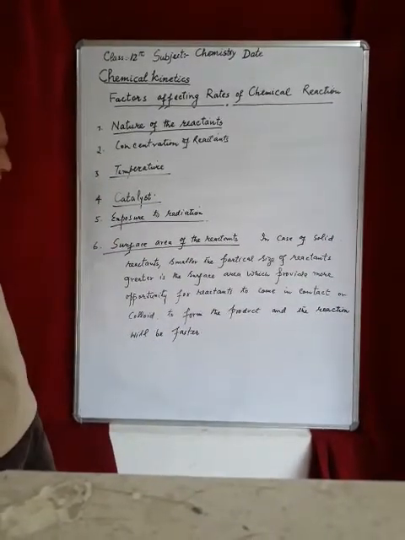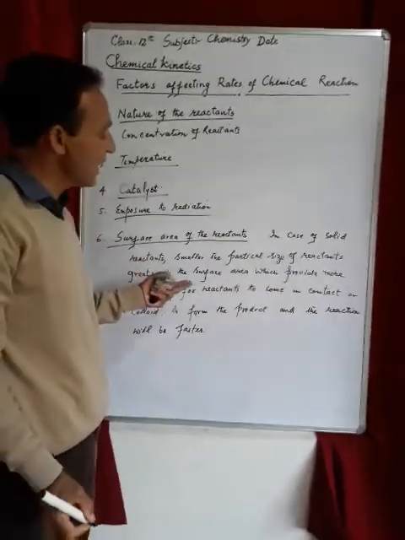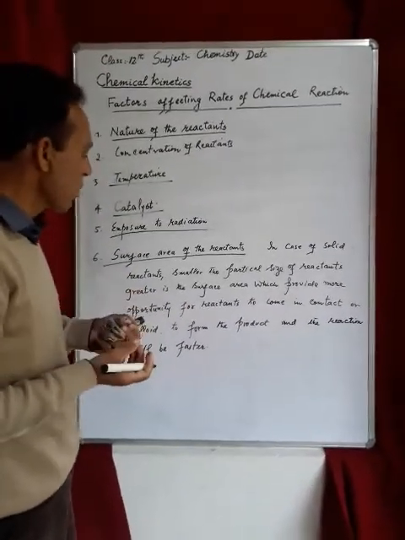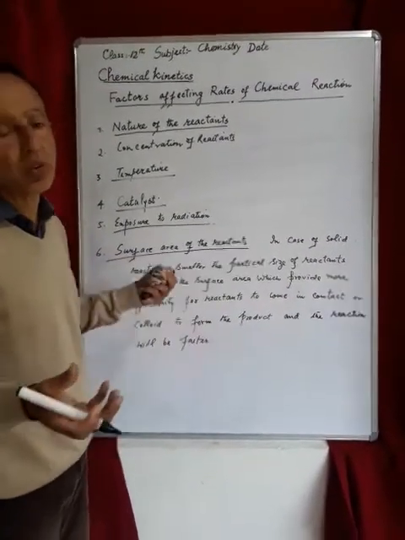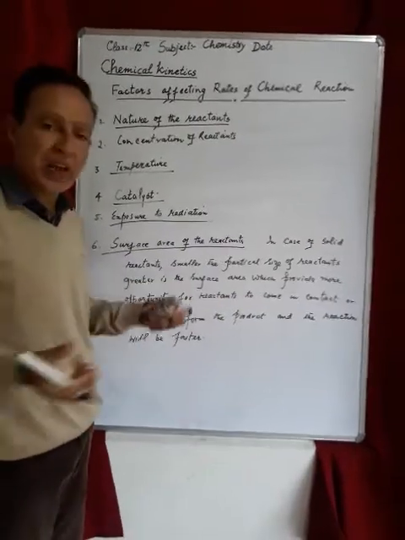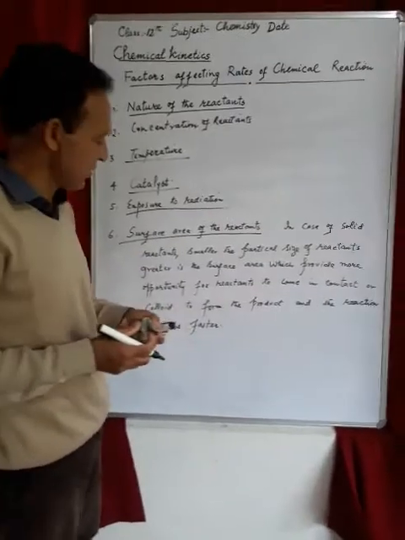The rate of reaction will be faster as compared अगर हम reactants ऐसे ले लेंगे जिनका particle size जो है वो बड़ा होगा, बड़ा होने से जो surface area जो उनका होगा, जो contacts होंगे वो कम होंगे between the particles of the reactants.